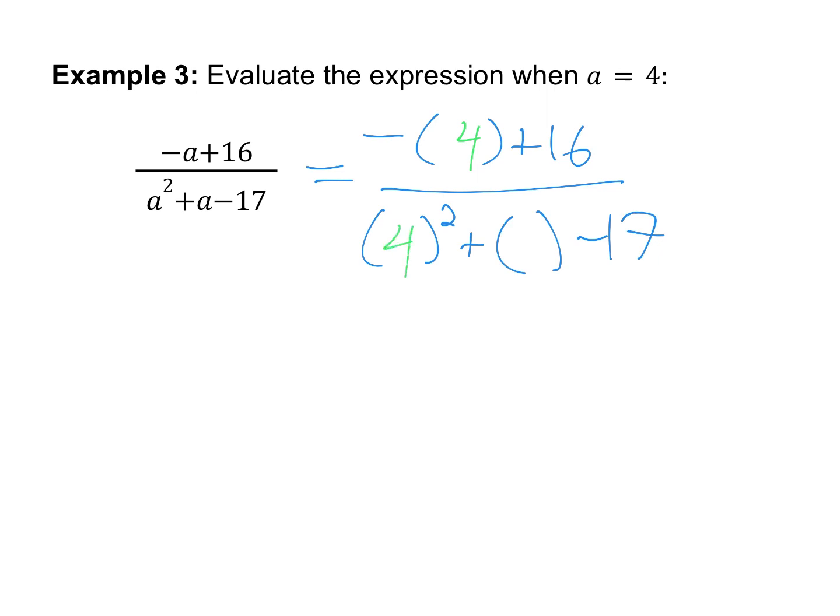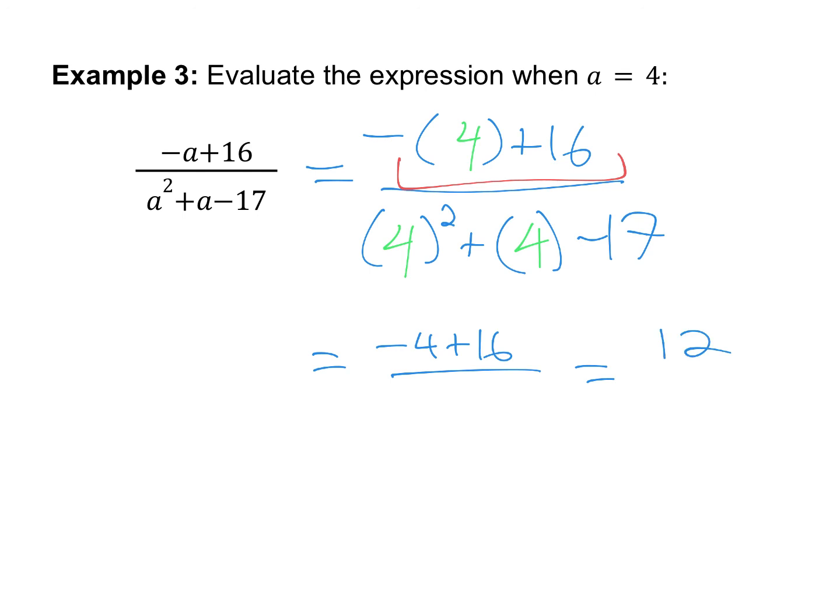What is that something? It is our 4 again. So now I look at the top. -4. Since it's just +4, the negative on the outside just makes it a negative. So I have -4 plus 16. And that's going to be 12.